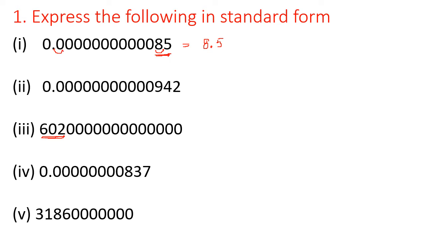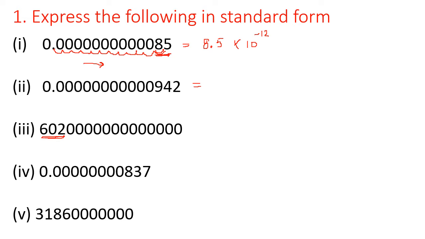So 1, 2, 3, 4, 5, 6, 7, 8, 9, 10, 11 and 12. So it is 8.5 into 10 raised to minus 12 because the decimal place has moved towards the right. So this is quite simple. We are only learning how to write this in the standard form.